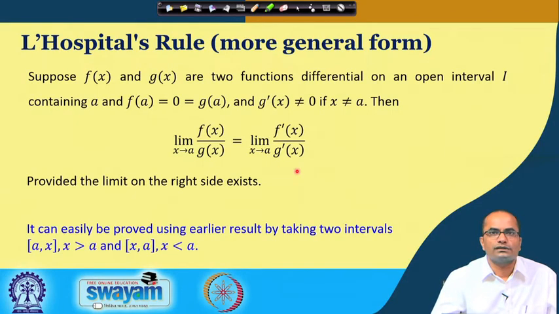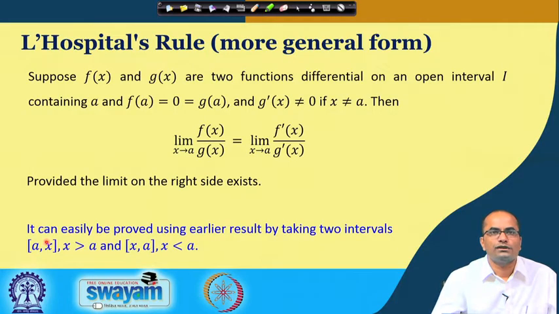And the proof is similar to what we have already done before, because now we can consider two intervals in this I. So, a to x, taking x greater than a, and we can also consider the other interval, x to a, when x is smaller than a.